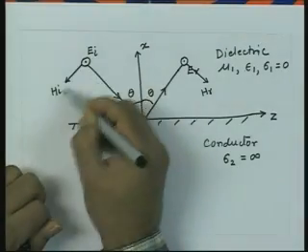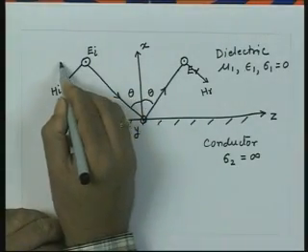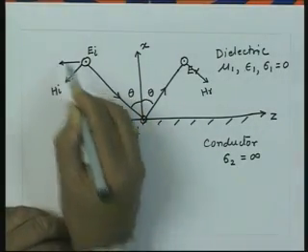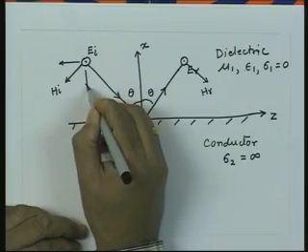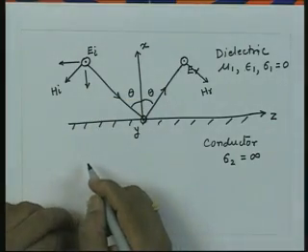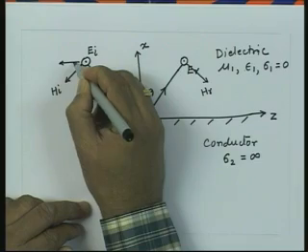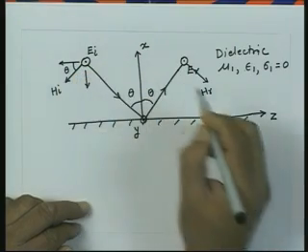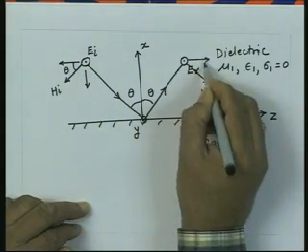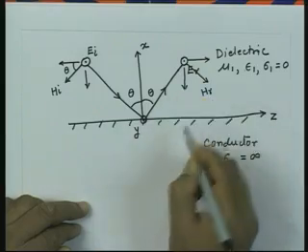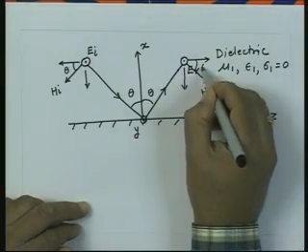We can resolve the magnetic field into two components, one parallel to the interface, the other perpendicular to the interface. So, if this angle is theta, this angle is also theta. Similarly, we can do this for these two components. So, this angle is also theta.